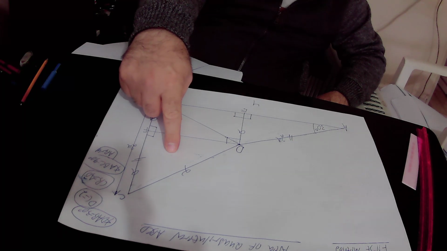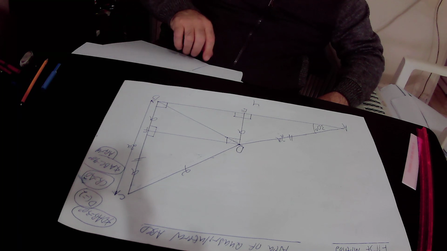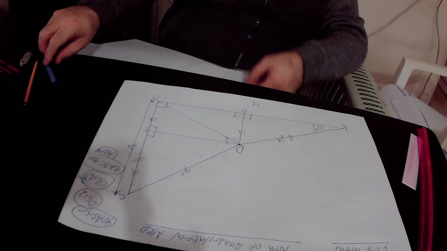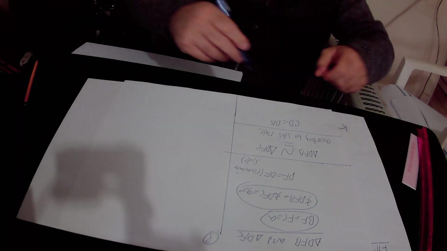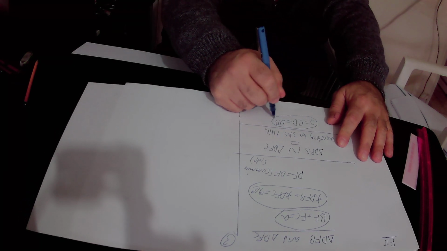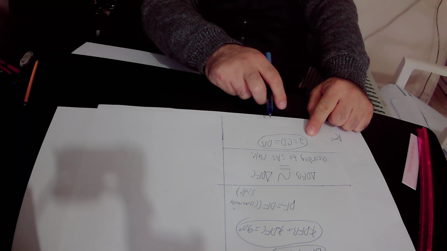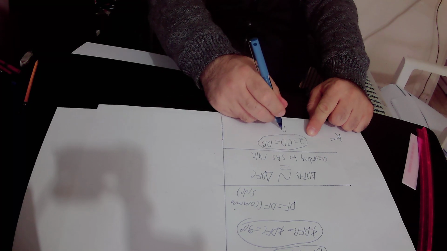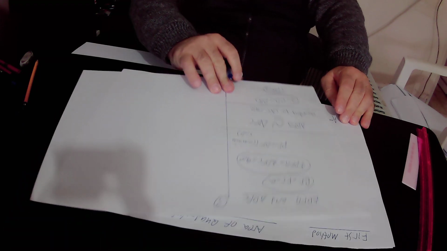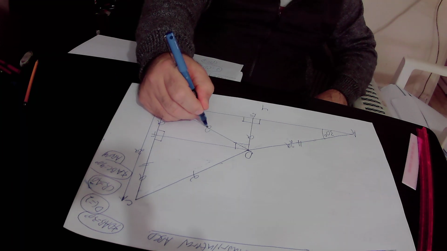But it is given in the question that CD equals 2 units. And from this equation, we will derive that DB also equals 2 units.